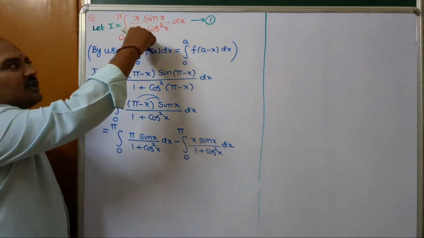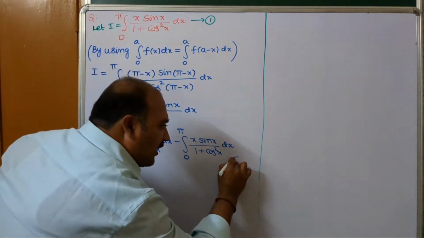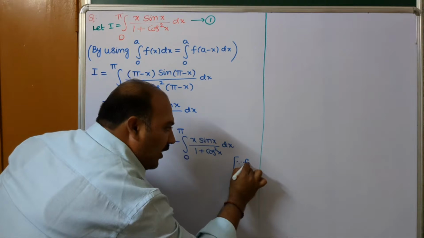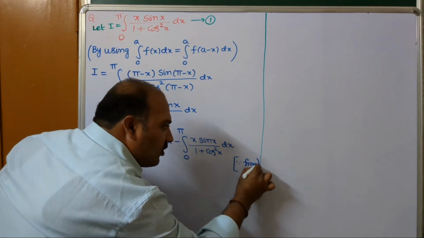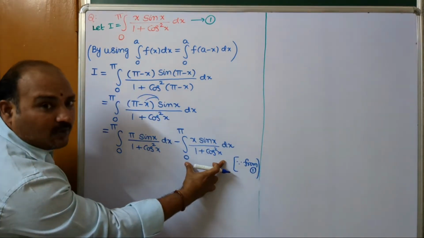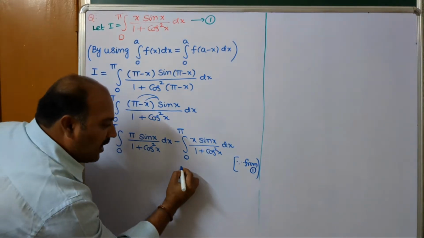Since from equation 1, this value is equal to I only. So minus I.